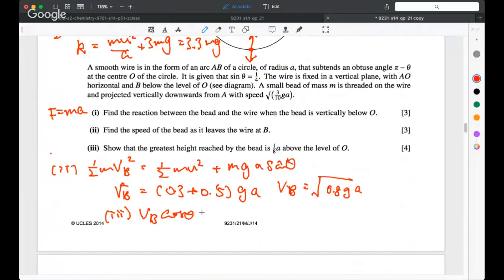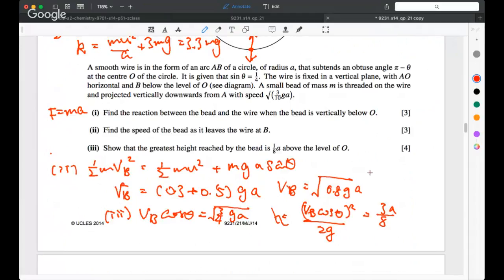which is equal to 3/4 GA square root, and H would be this velocity, VB cos theta squared over 2g, which is just an application of SUVAT equations, and that will give you 3A/8.